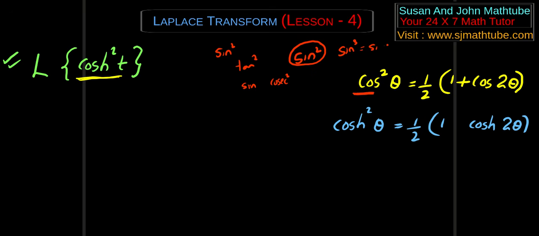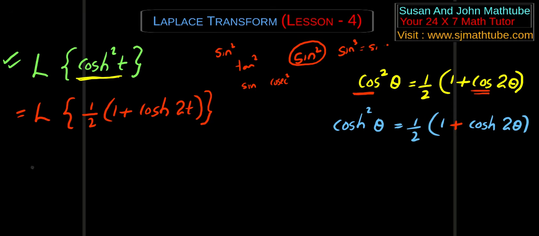Okay, I don't see sine square. So it's going to be the same thing here. That's it. Now we are ready for Laplace. So we get Laplace of 1 by 2, 1 plus cosh of double the argument. Now apply the linearity property. So this 1 by 2 goes outside, and we get Laplace of 1 plus cosh 2t.